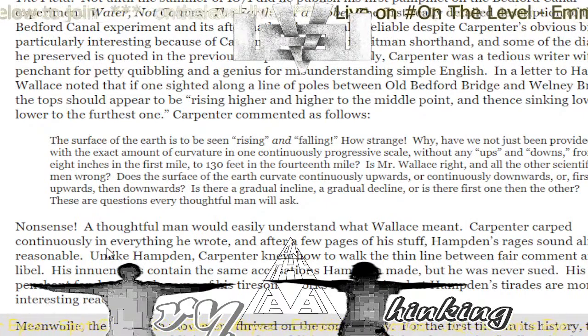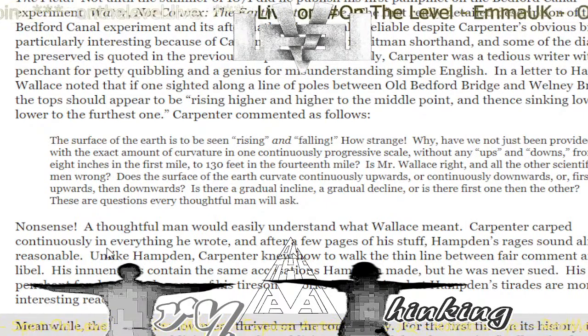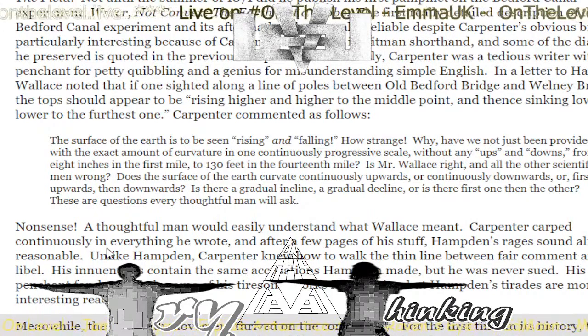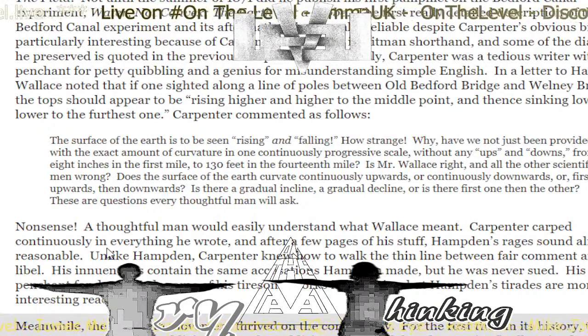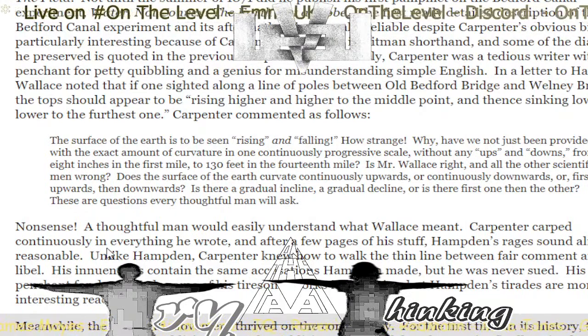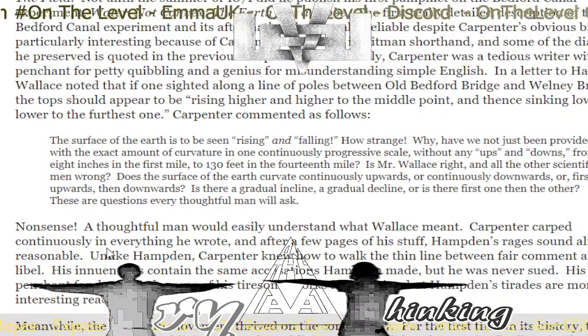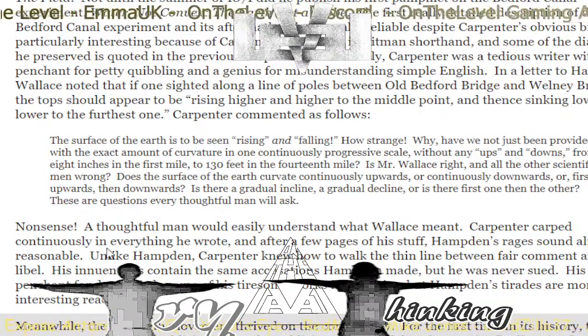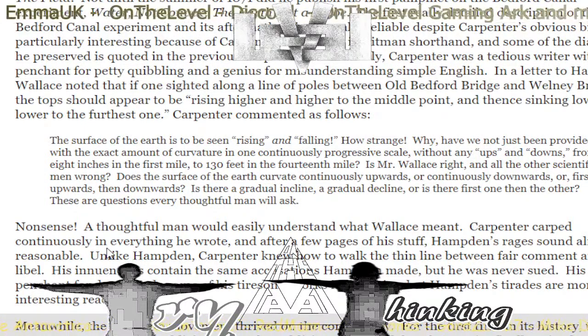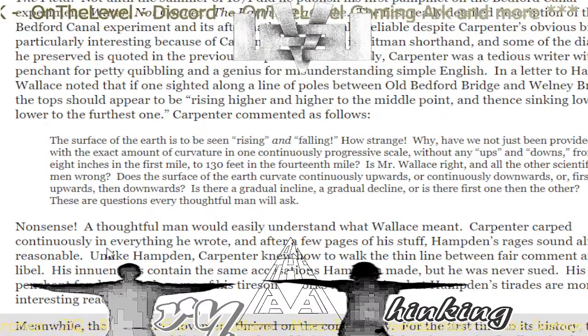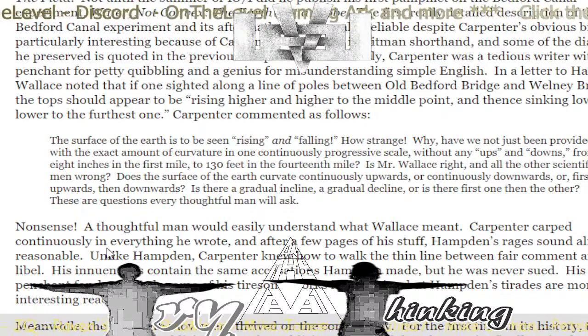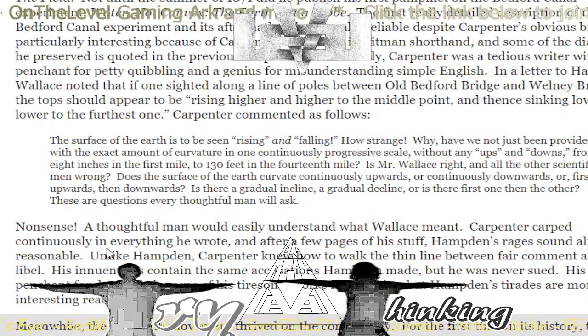Is Mr. Wallace right and all the other scientific men wrong? Does the surface of the earth curvate continuously upwards or continuously downwards, or first upwards then downwards? Is there a gradual incline, a gradual decline, or is there first one then the other? These are questions every thoughtful man will ask."